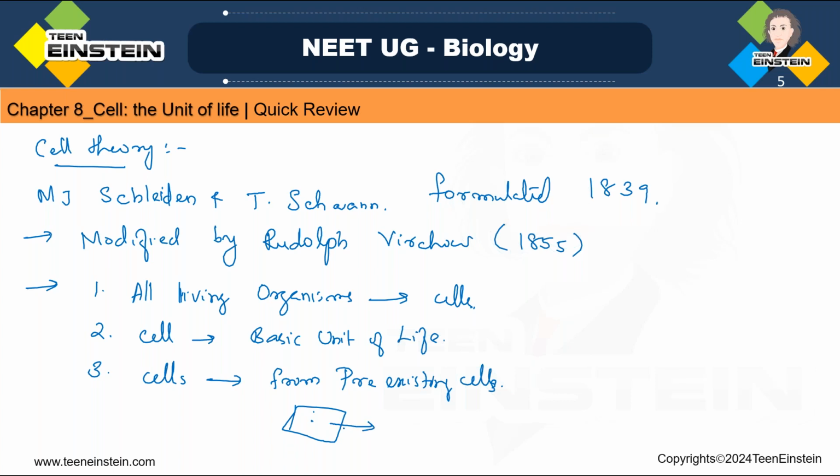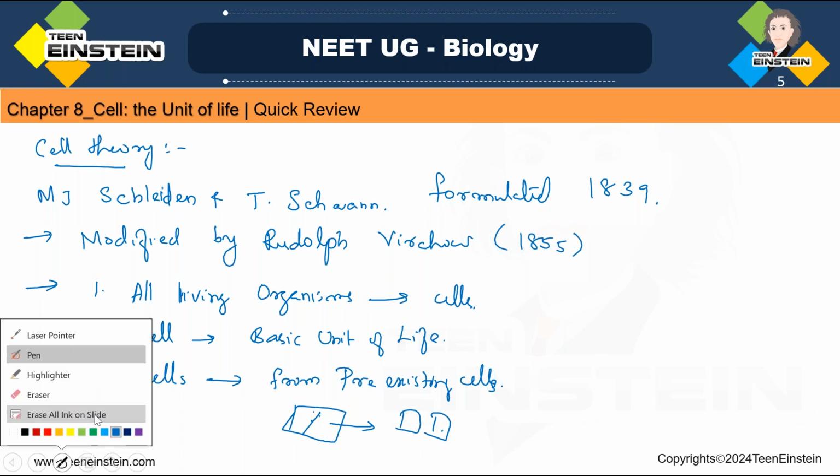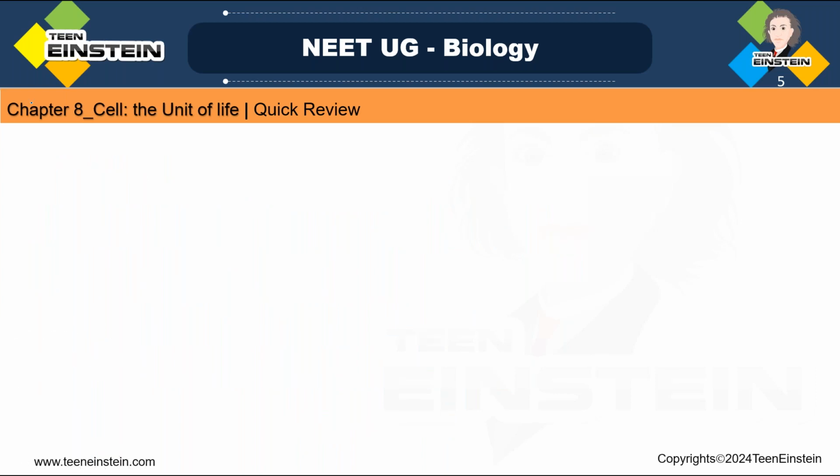After attaining maturity, the cell will undergo division and form two new cells, right? So from the pre-existing cells, new cells are formed. This is cell division. So all living organisms are made up of one or more cells, the cell is the basic functional and structural unit of life, and all cells arise from pre-existing cells. This is cell theory. Clear? Next, what you need to learn is types of cells.